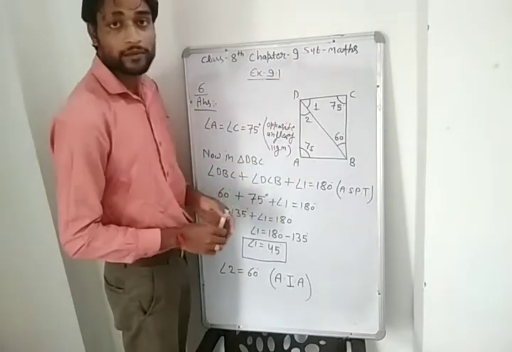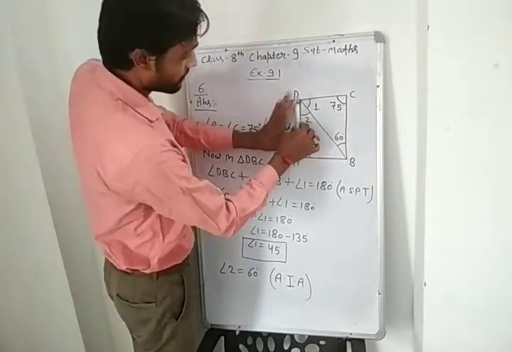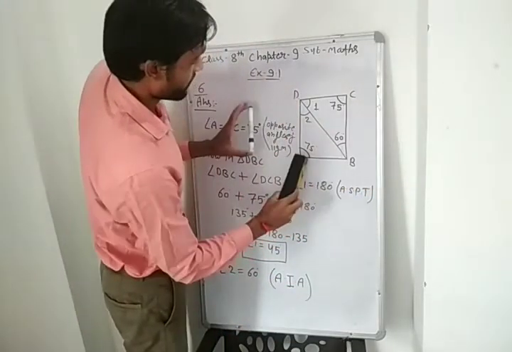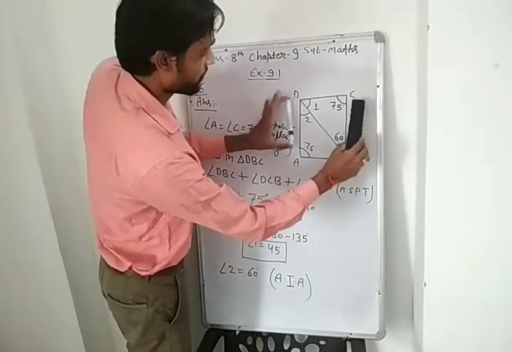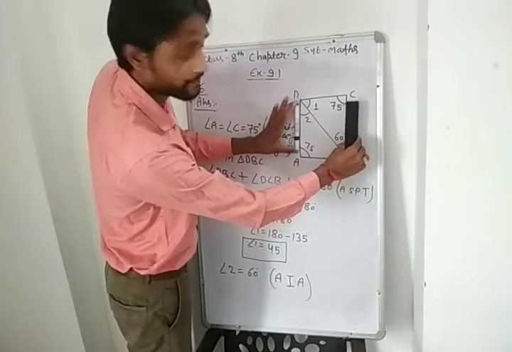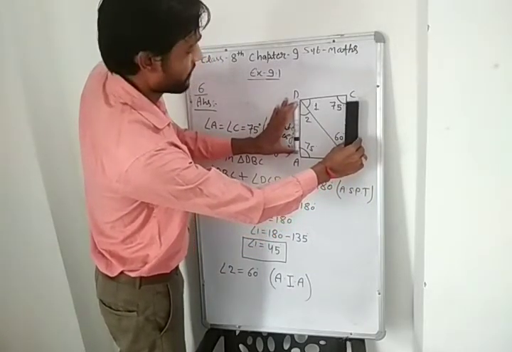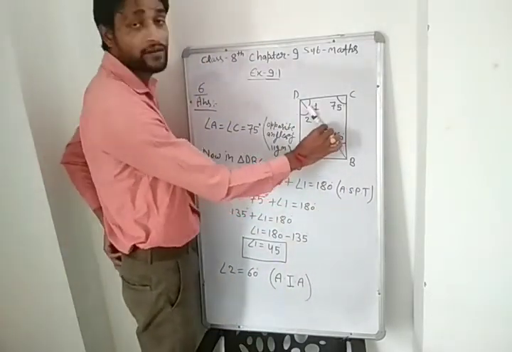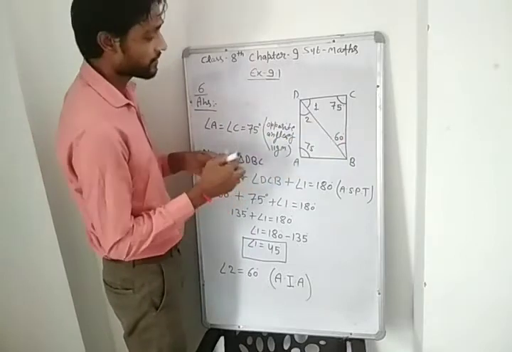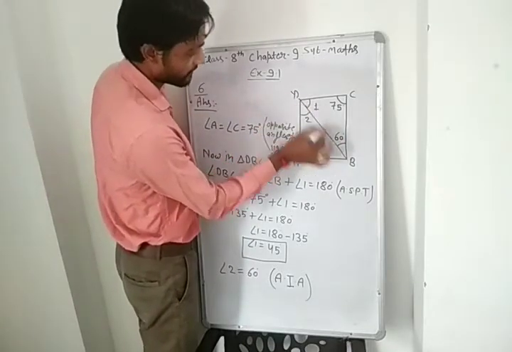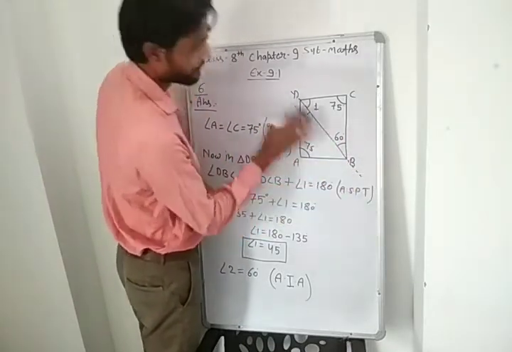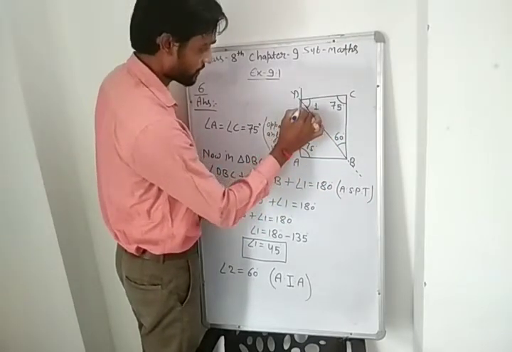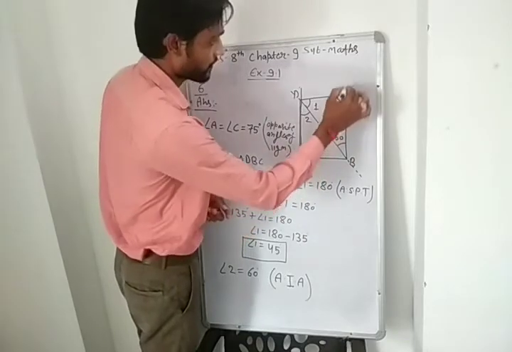This is a parallelogram, so AD and BC both are parallel, and BD is a transversal. Extend the line like this, line segment BD, and also extend AD.